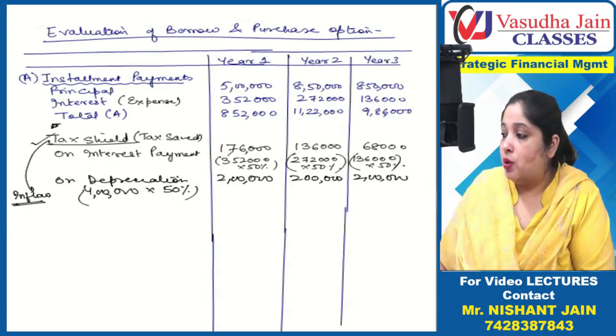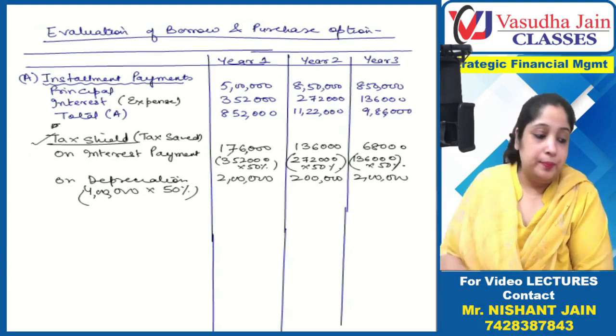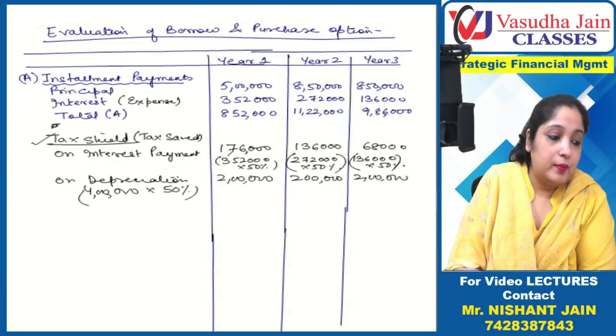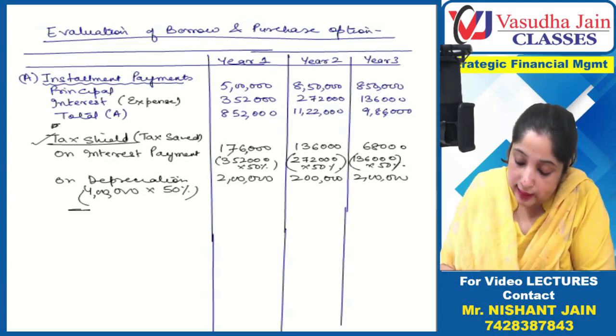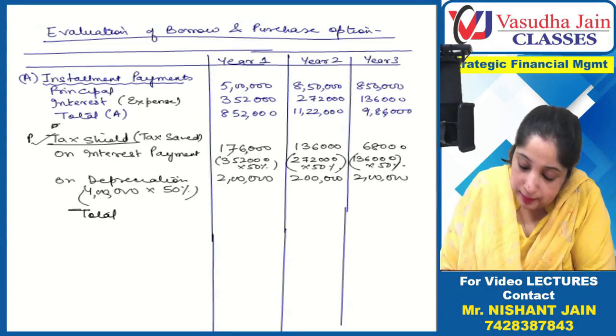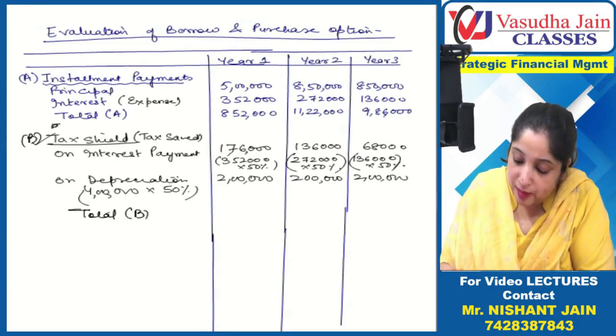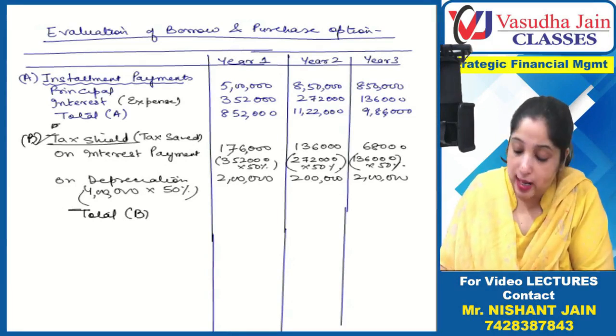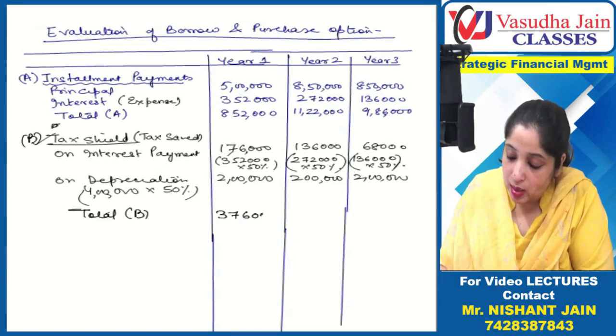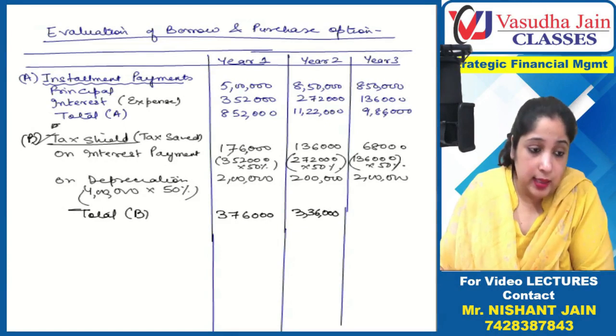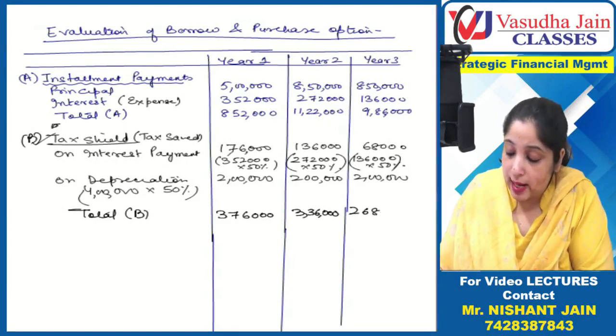Okay. So going back now, let us compute the total of this B point, tax shield. Total of B is 1,76,000 plus 2 lakh is 3,76,000. Here it is 3,36,000 and here it is 2,68,000.